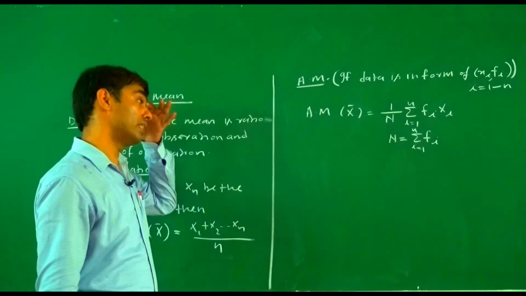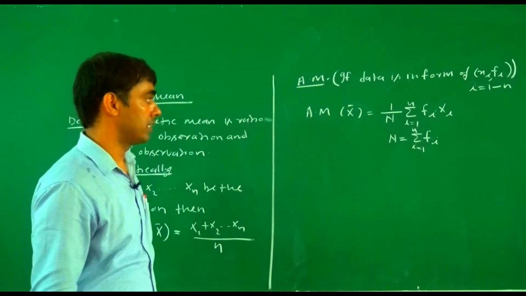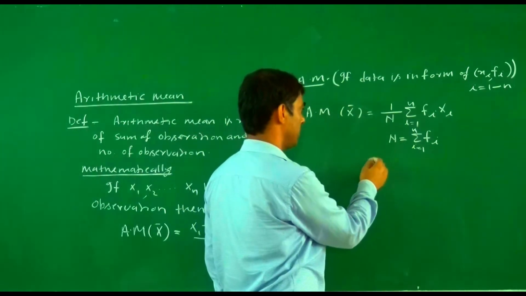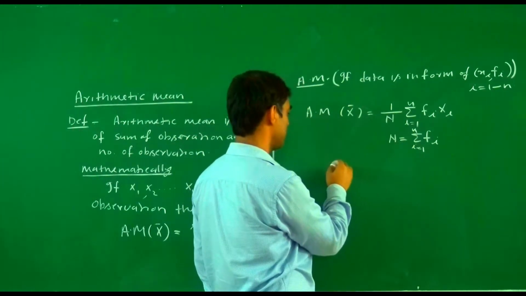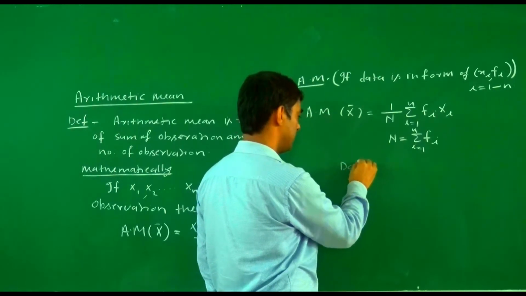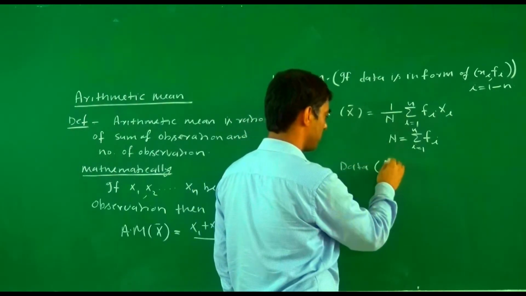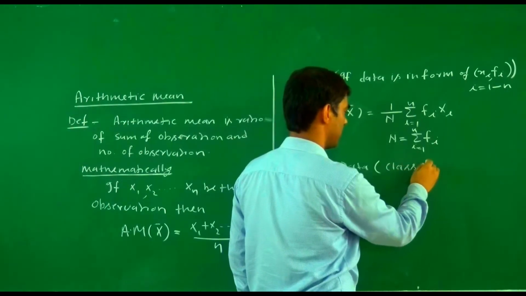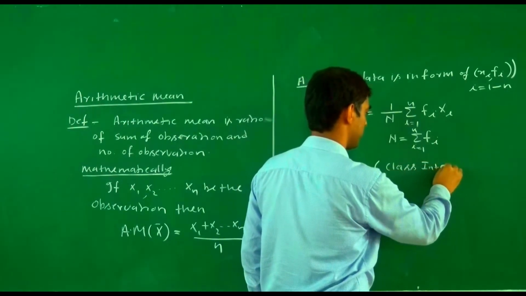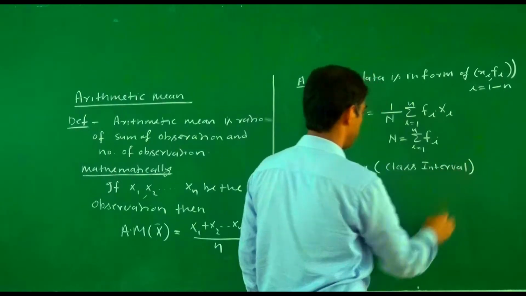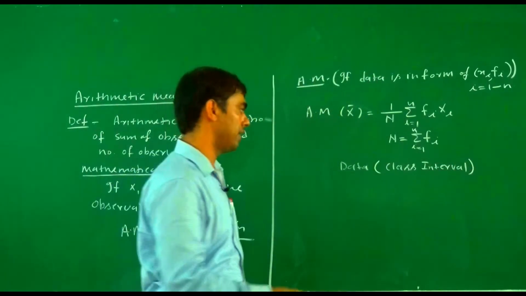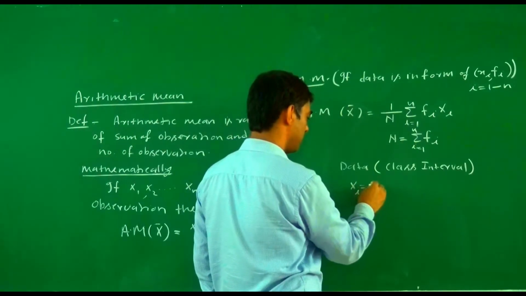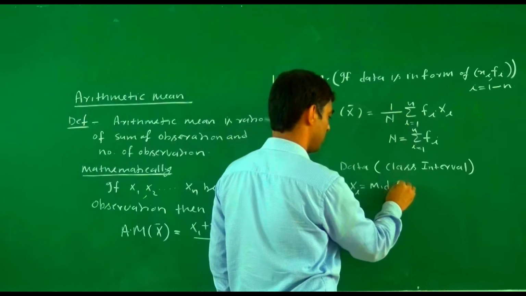If data is given in the form of a class interval, then how do we define the x? x equals xi, the mid value of the class interval.